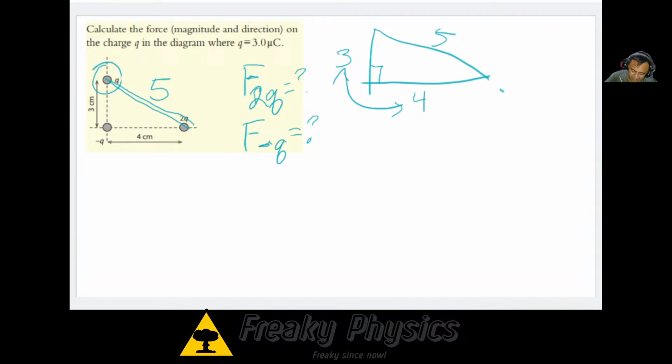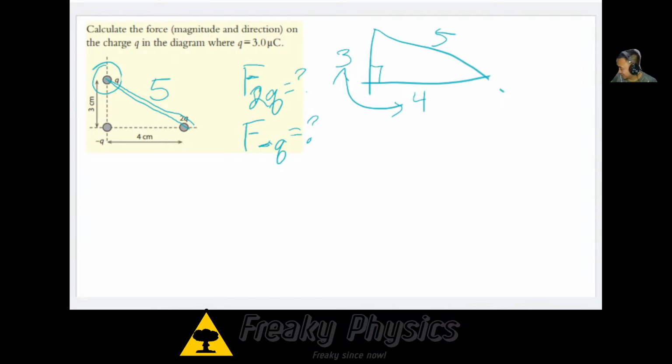All right, do you have an answer yet? At least for one of the charges. Well, wouldn't the charge from 2q to q be 2q squared? Yes, correct. And then the negative q is just negative q. No, not negative q.